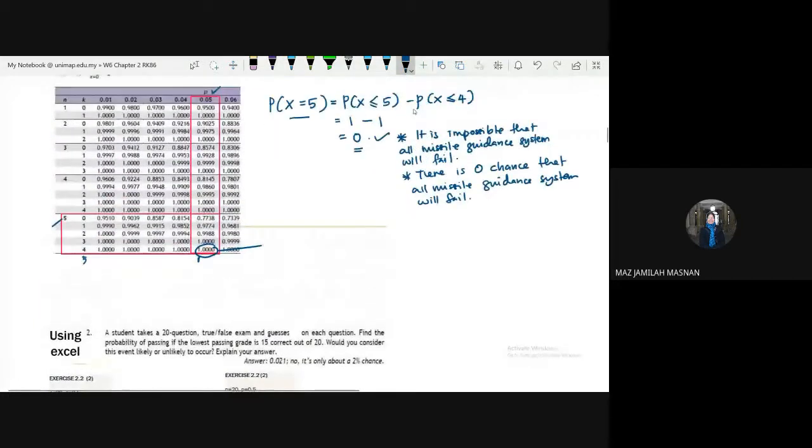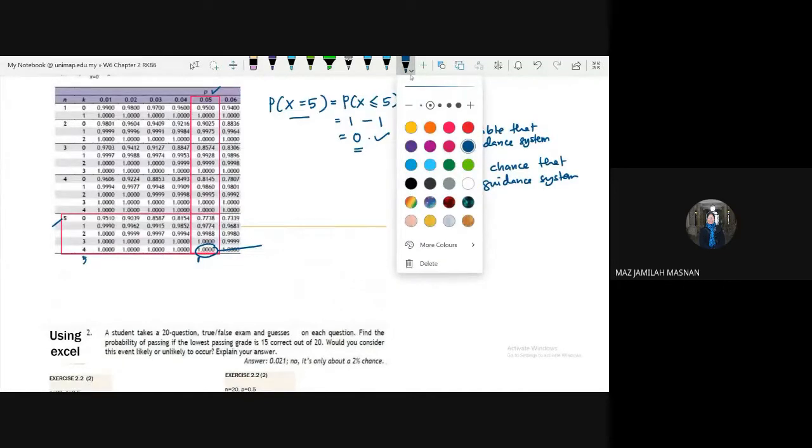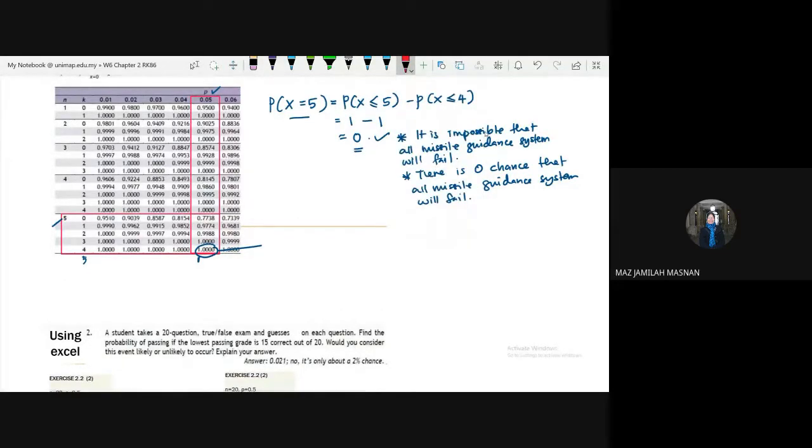Class, if you are talking about the first one, P(X = 2), the probability is 0.214. When you have X greater than 2, the probability getting smaller is 0.0012.